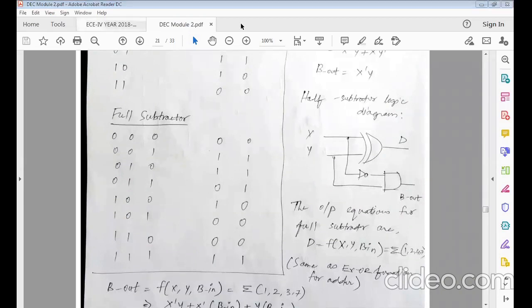Similarly for your half subtractor, just have a look at it. Yes, please tell me.